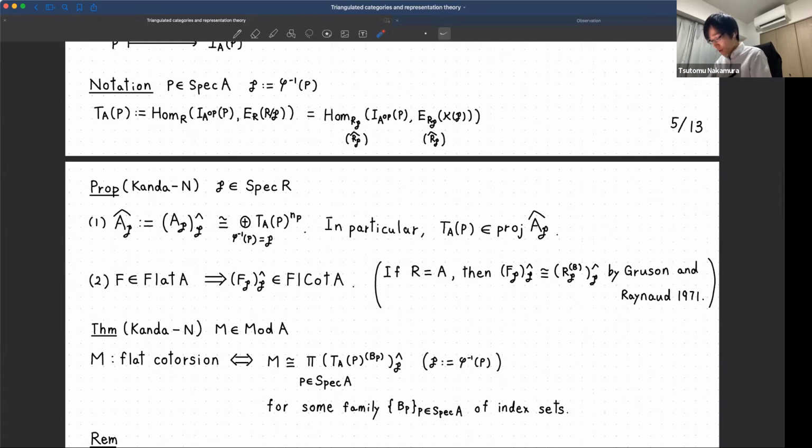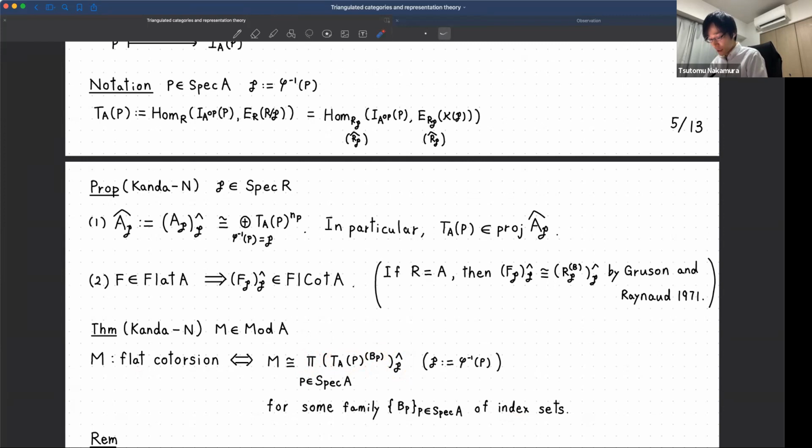And the next result is the main theorem of this talk. It says, given a module M over a Noetherian algebra, M is flat cotorsion if and only if M is isomorphic to the direct product of the p-adic completion of a direct sum, where B_p is some index set, and we consider the direct sum of copies of T_A(P).